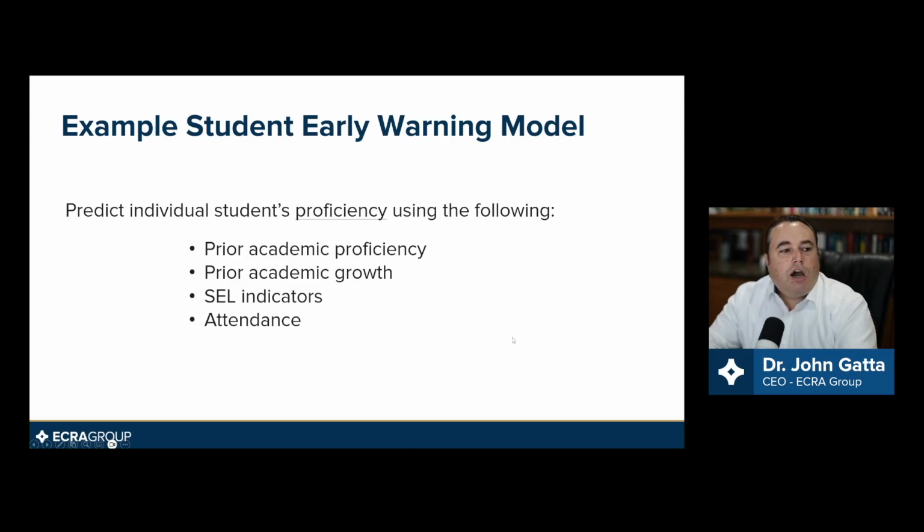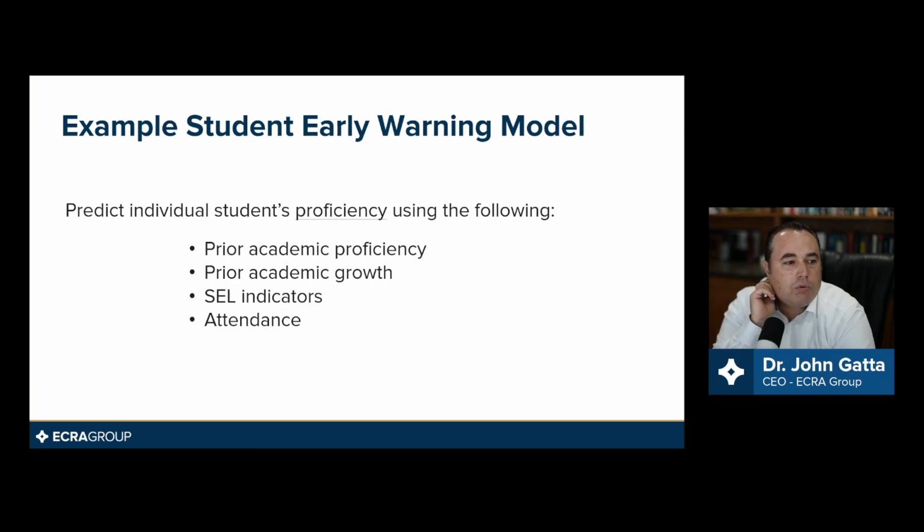So for today, our example is going to be, and again, you could come up with an infinite number of examples, this is a nice clean example for the sake of today. But really, you should be thinking of any scenario in which you have a predefined outcome you're interested in, and you want to identify students earlier on who are not on track to meet that milestone.